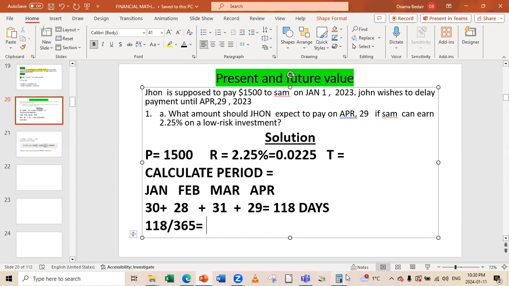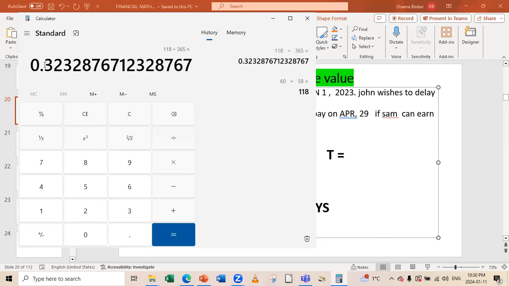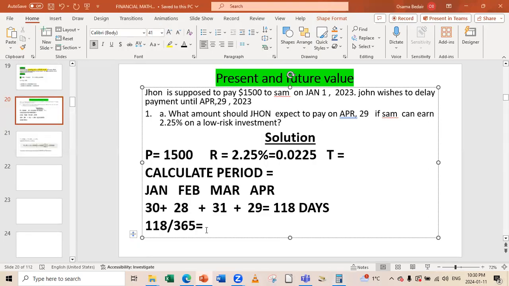I will do it with the calculator again: 118 divided by 365 gives 0.323. I take these three numbers, Control C, go back to my example, and Control V. This is in years, so it is 0.323 of the year.